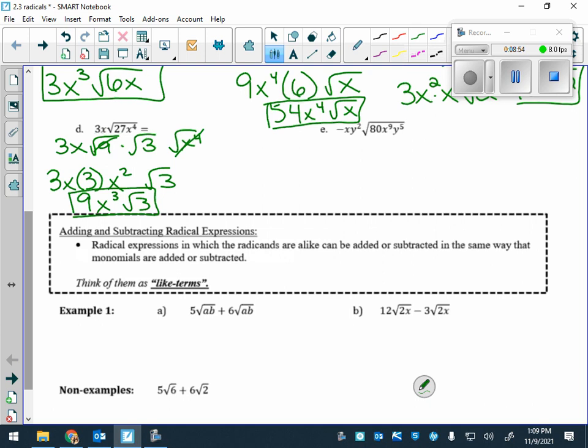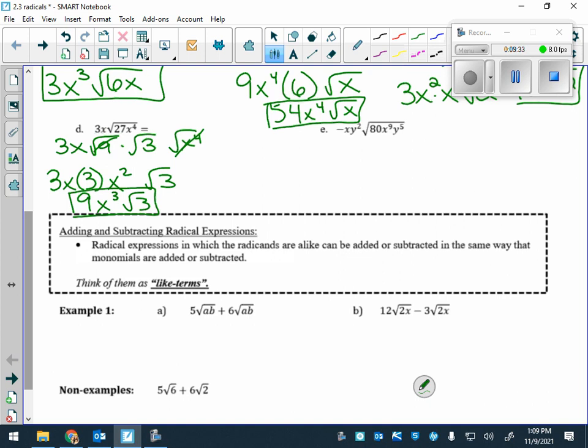Good. For E, what do we have? Danielle. Okay. Yep. Okay. Someone else? Yeah, go ahead. Okay, Louise. I got negative 4x cubed times y to the 4th, and then the square root of 5y.